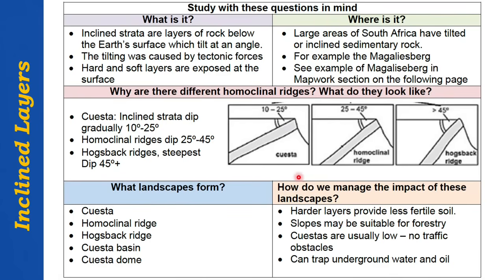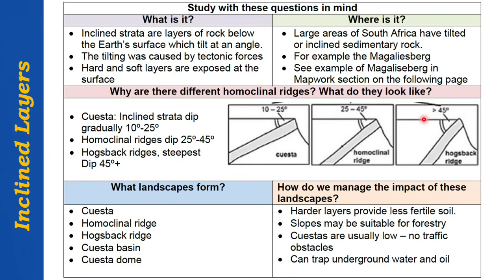And when we speak about dip, here is my inclined layer. That is the horizontal. This doesn't exist; this is just a horizontal line, and from that horizontal line to my inclined layer, I get an angle of 10 to 25 degrees. If that angle increases, so here is my inclined layer now, and if that angle from the horizontal is between 25 and 45 degrees, I now don't call it a cuesta any longer, I call it a homoclinal ridge.